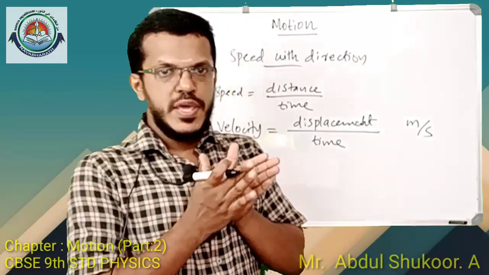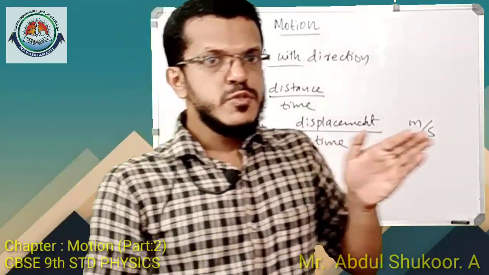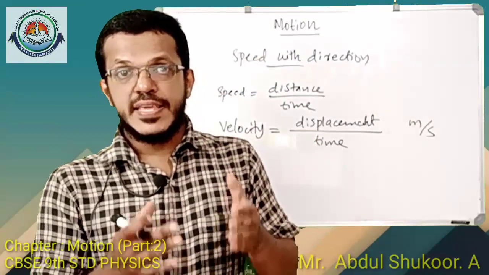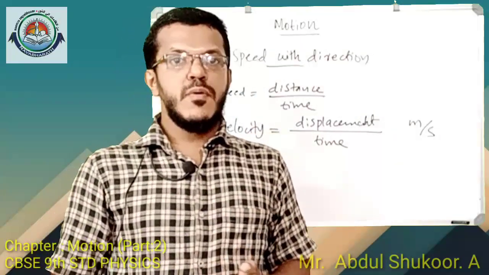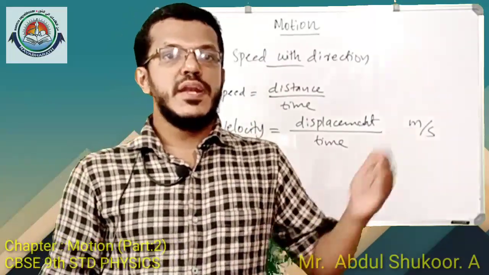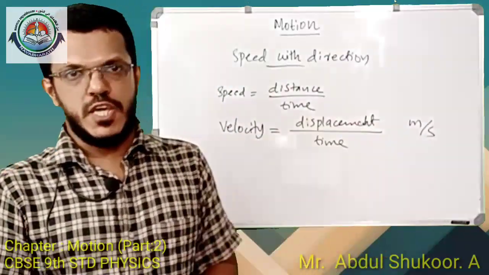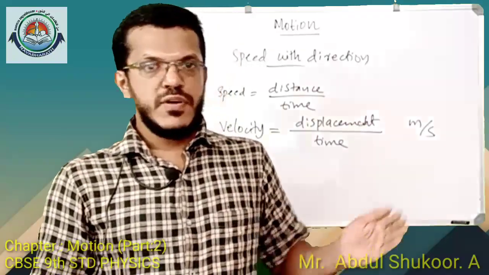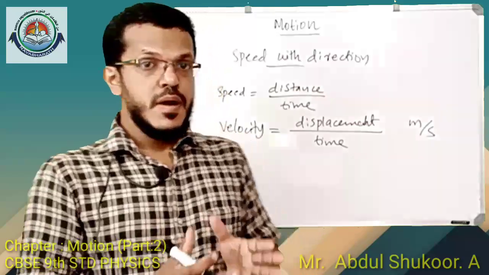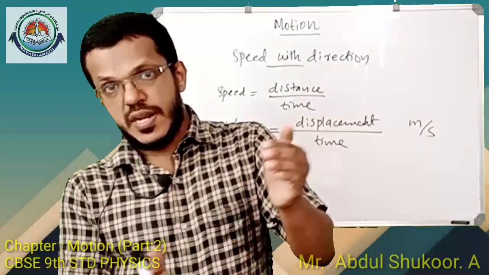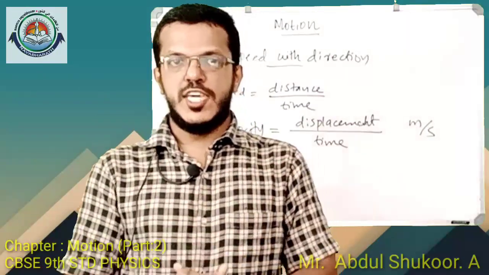If a body moves in a straight line with a uniform speed, then the body moves with uniform velocity. If the body moves with different speeds in a straight line, then it has non-uniform velocity. And if a body moves in different directions, then it also has non-uniform velocity. If both the direction and magnitude of speed change, that is also non-uniform velocity.